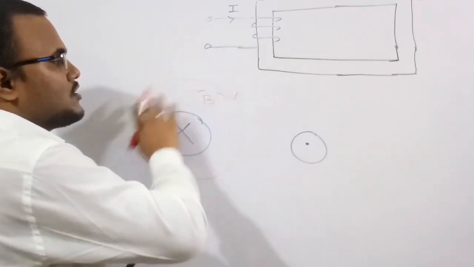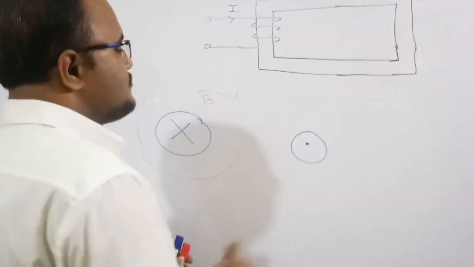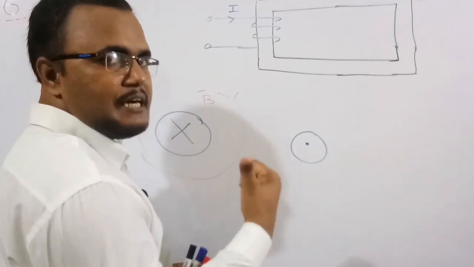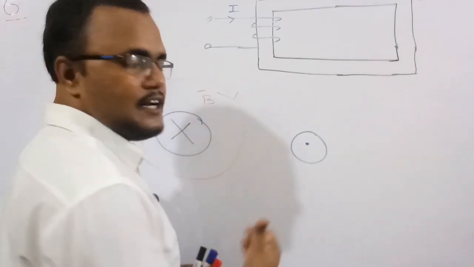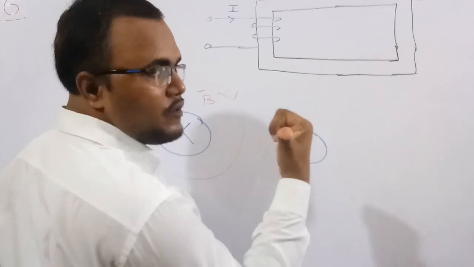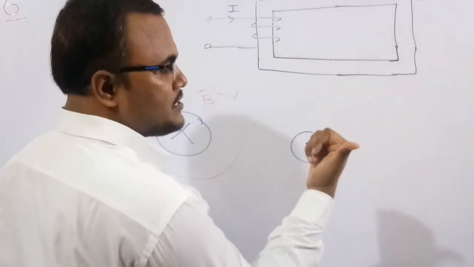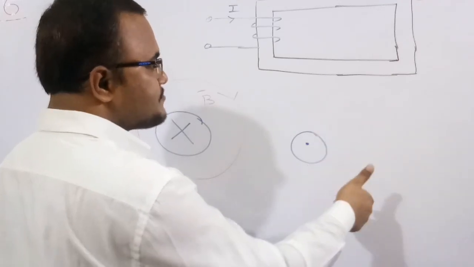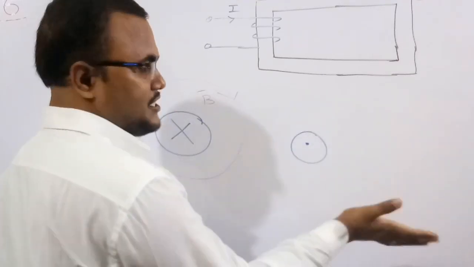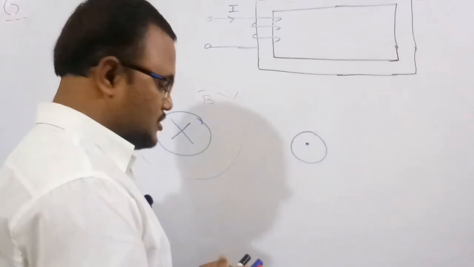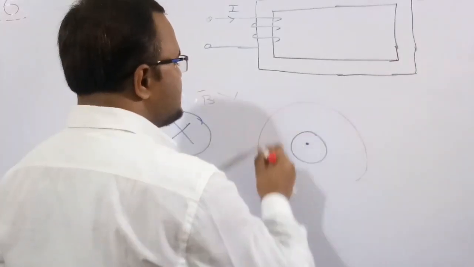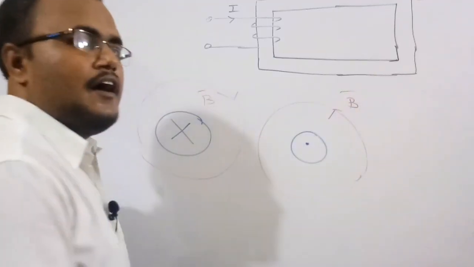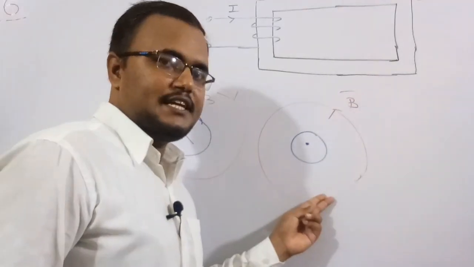Suppose the current is coming outside the board, keep the thumb in the direction of the current. I have placed the thumb outward from the board and curl the fingers. The fingers are curling in an anti-clockwise direction. See carefully, anti-clockwise direction. So therefore we need to write it in a closed form, and the direction of the magnetic field will be anti-clockwise.